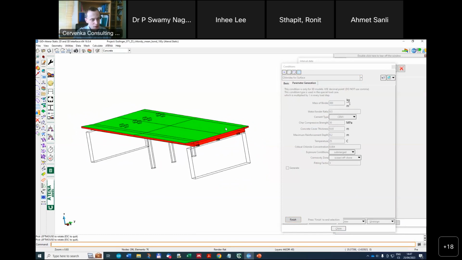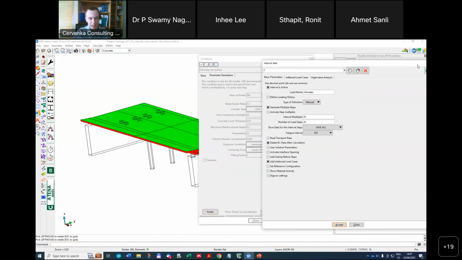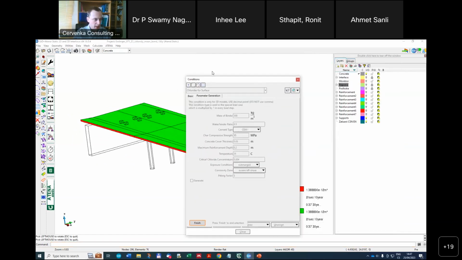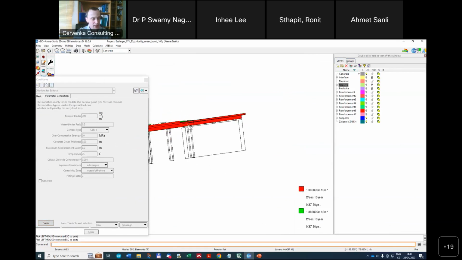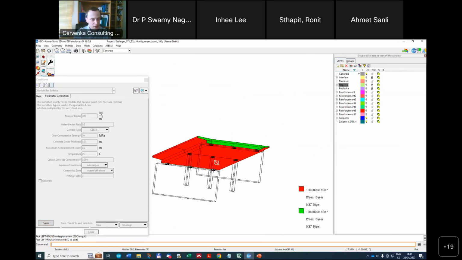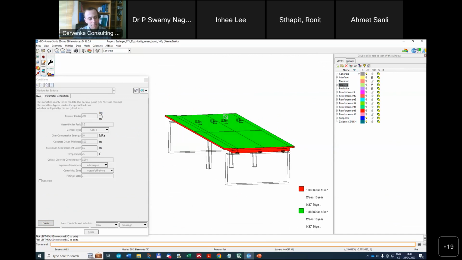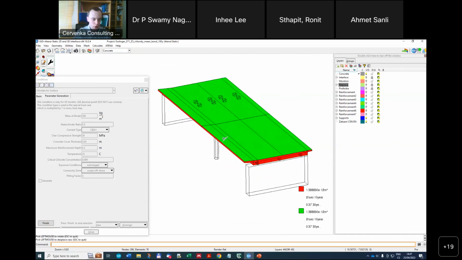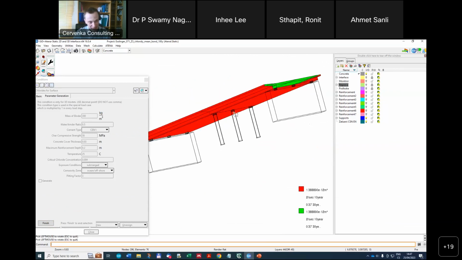And now the surfaces with the chloride attack boundary condition are shown in green and red color. It means that there are two different boundary conditions, or the definition is different for the top surface and for the side and bottom surfaces.